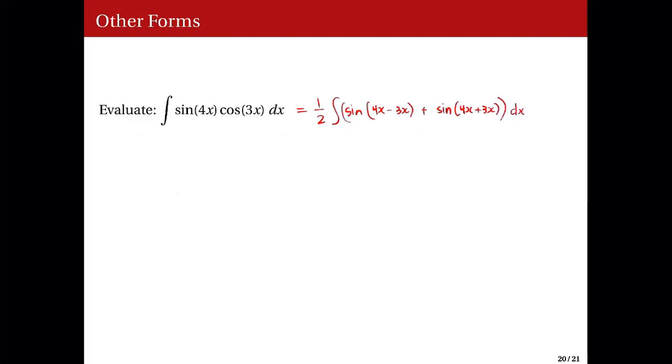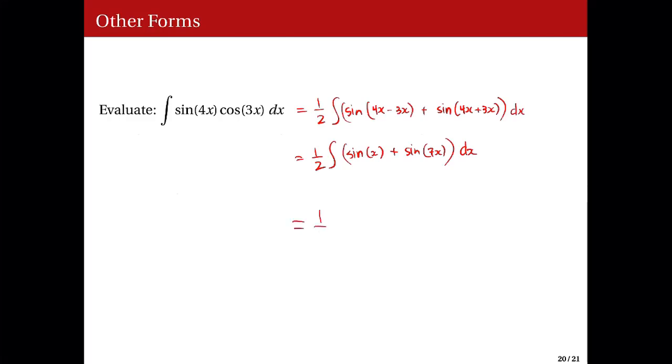If we simplify this, we have 1/2 integral sine x plus sine 7x dx.